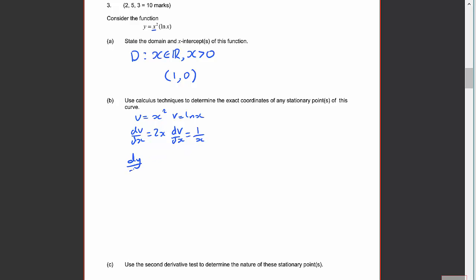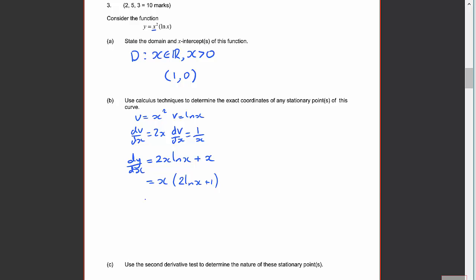So dy/dx is going to be v du/dx plus u dv/dx. So that's just going to be x (2 ln x plus 1).